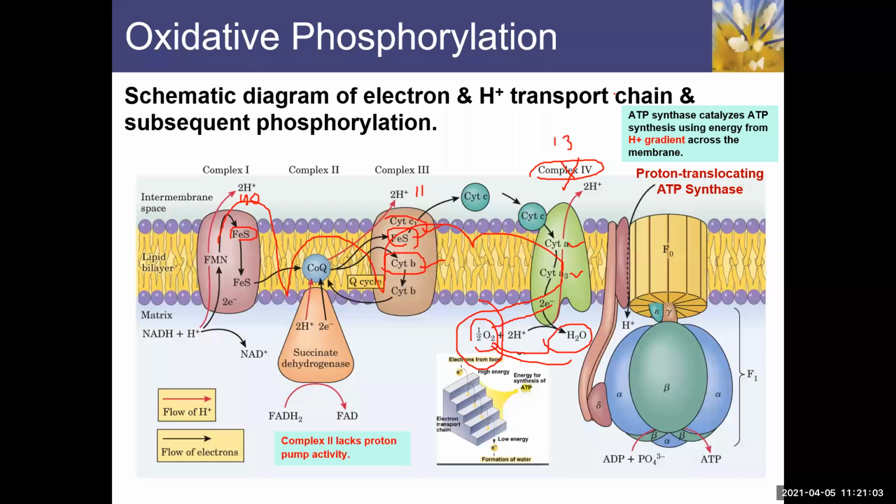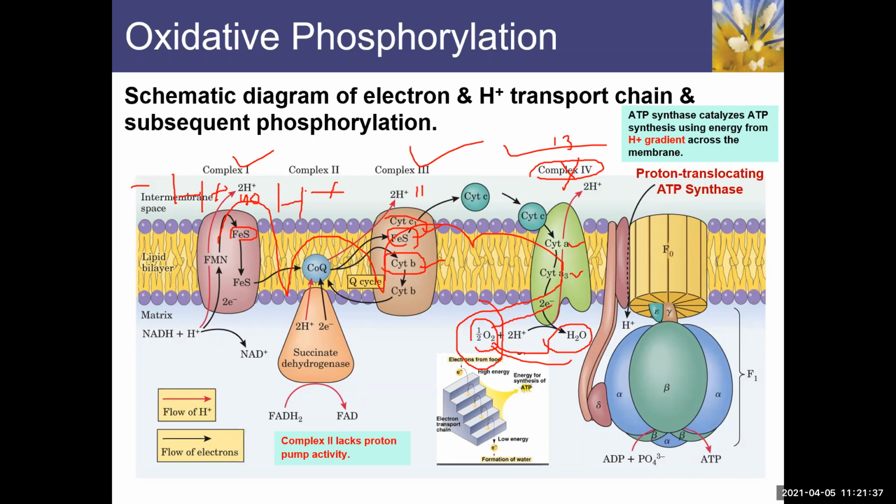We said that they are not only electron acceptors, they can pump the proton towards what? Intermembrane space, right? We said that they not only transport electrons, but they also act as proton pumps, right? I know that they pump the proton into the intermembrane space, but where do they get those protons from? Complex 1, 3, and 4.